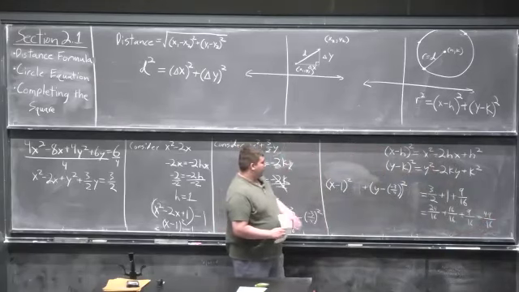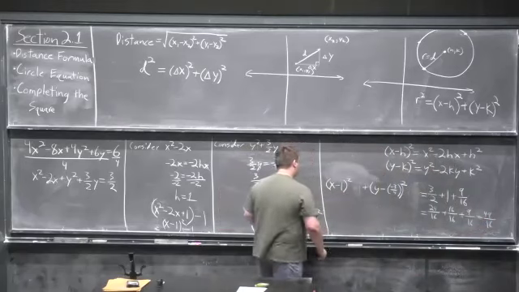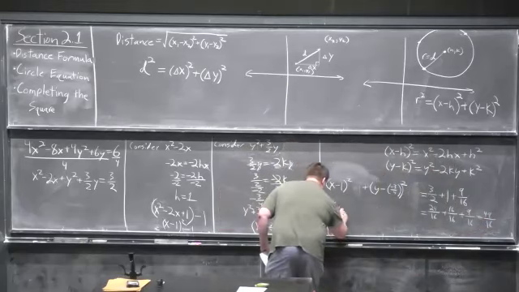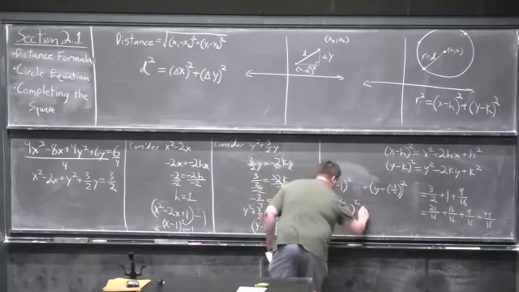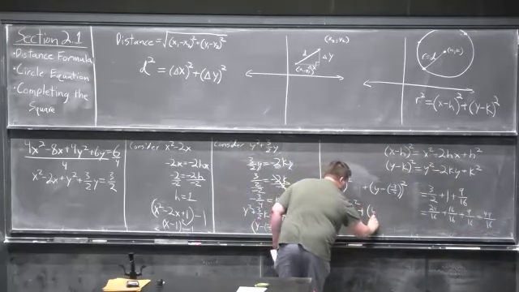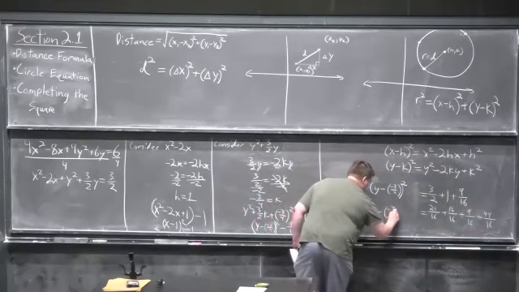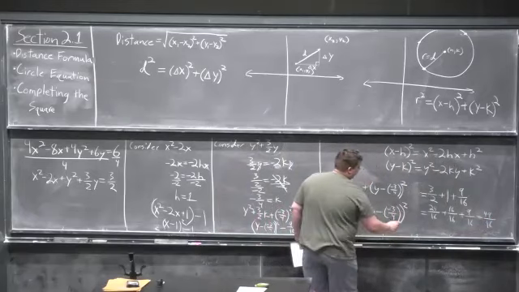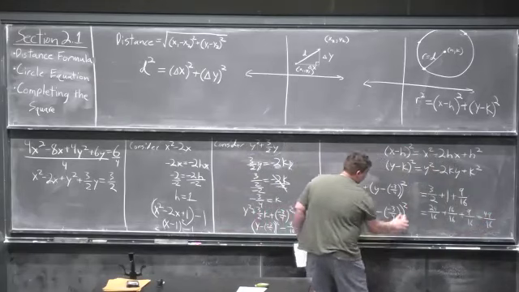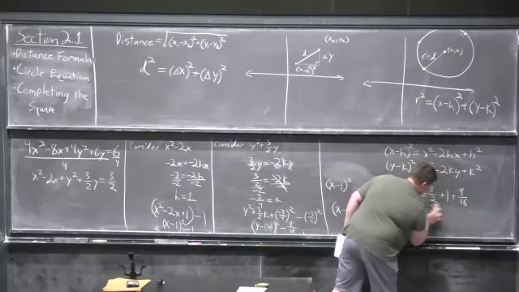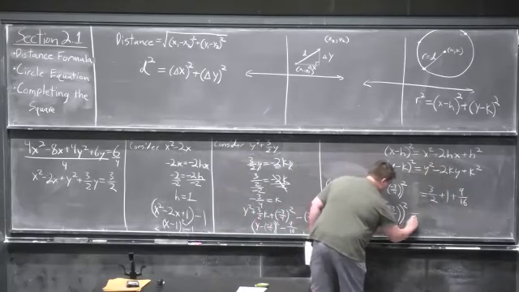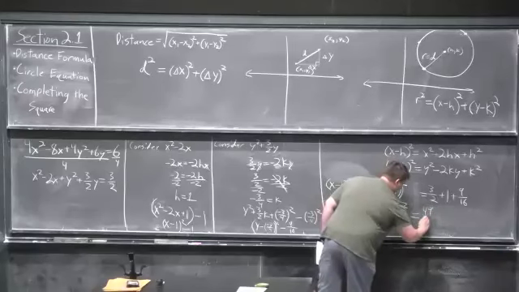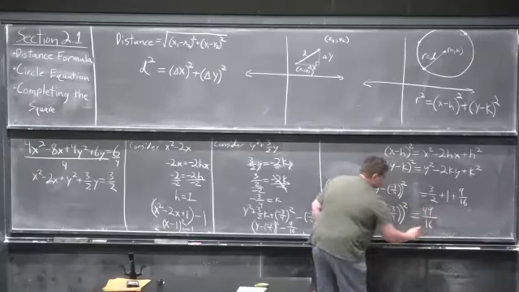And now I'm going to rewrite the equation. So I have x minus 1 squared plus y minus a -3/4 quantity squared, and I'm saying that this is equal to 49/16.